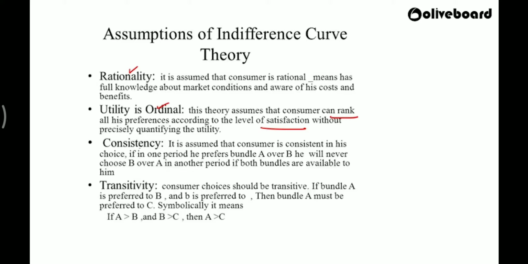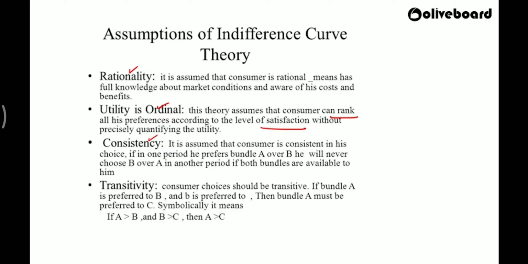Next, consistency. What is consistency? Here we always talk about two commodities; under this theory we talk about two commodities. Suppose you choose one bundle or combination over another.